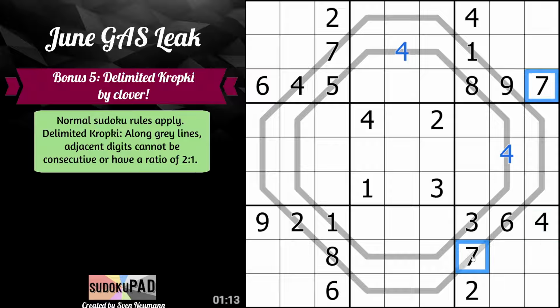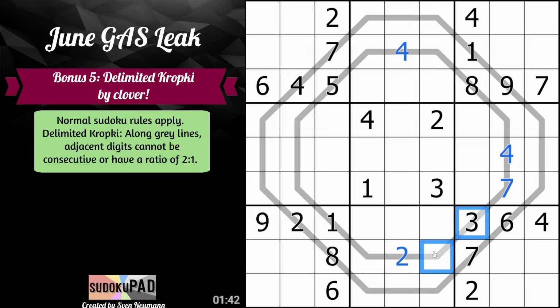But 7, now that we've placed 4 here, can't be consecutive or 2 to 1, so it must go there. 2 can't go next to 1. It can't go next to 3 because of the 1 to 2 ratio and consecutive, so this will be 2. Again, ignoring Sudoku, just because we like to use our relationships here.